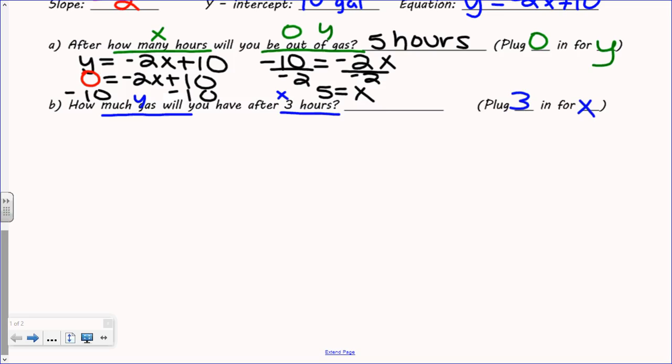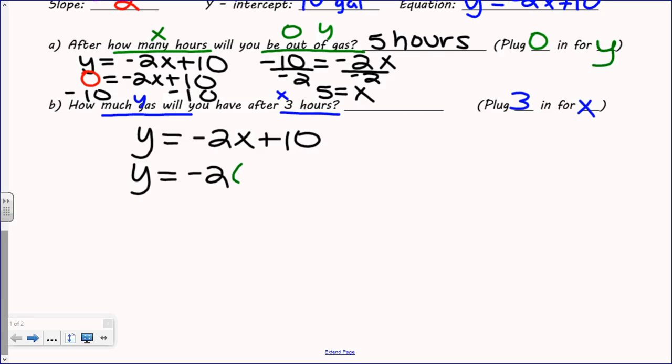Okay, so our initial equation was y equals -2x plus 10. And now we're going to substitute in 3 for x. And then we're just going to work this out. So order of operations, this is -6 plus 10.